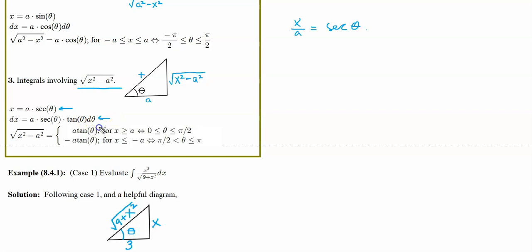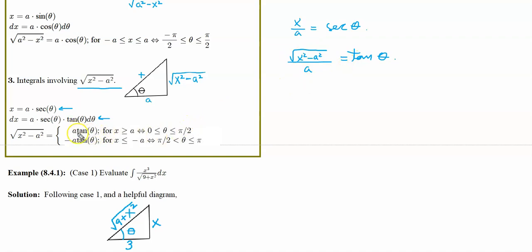All right, so that's what the dx is going to become in your integral. Now, looking at this diagram, you'll notice that the square root of x squared minus a squared over a is the tangent of theta. So moving the a over to the other side, we get that the square root is a tangent theta.